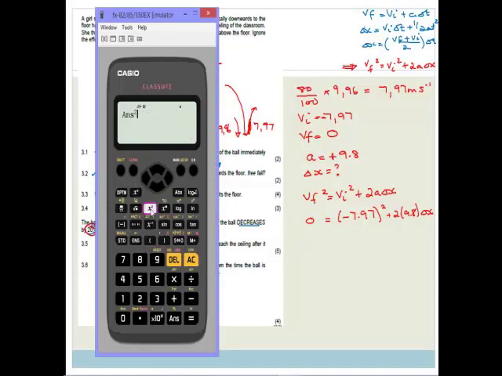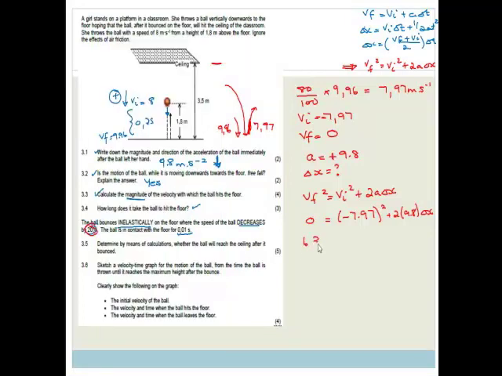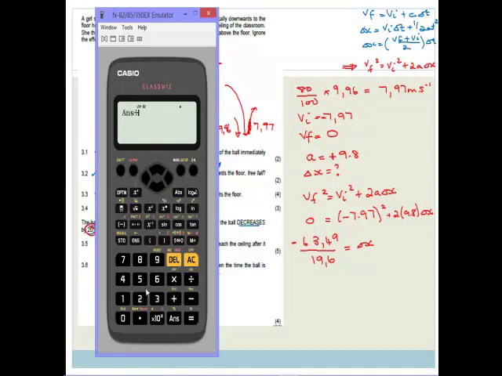Let's just square that, and we get 63.49. And that is going to be negative because I'm taking it across, divided by 19.6 is equal to delta x. So I'm going to divide this by 19.6, and you can see that that gives me 3.24.